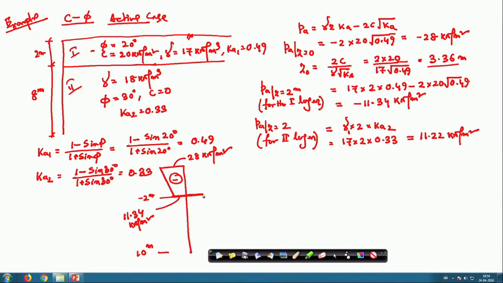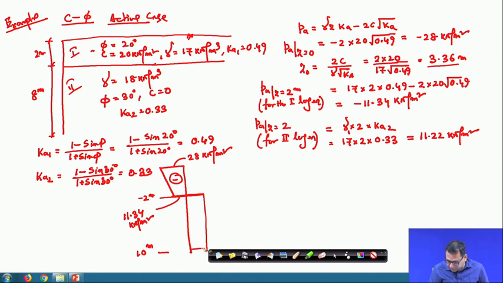So, that will be the positive stress and it will go in this direction, okay, and that will continue up to this point. Okay. So, this one is 11.22 kilonewton per meter square.